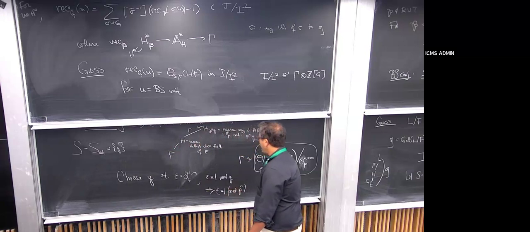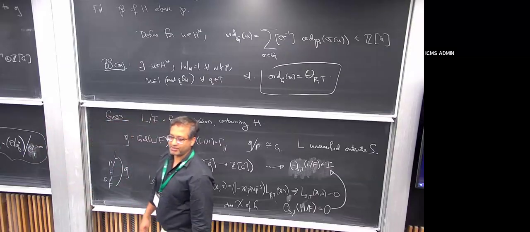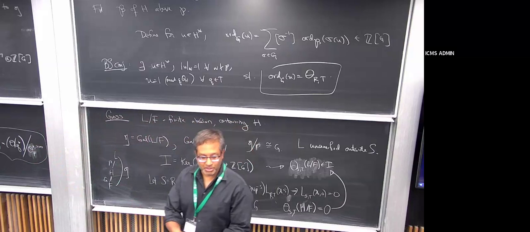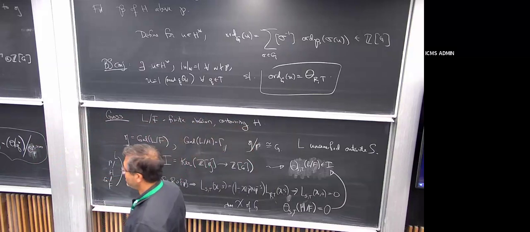Okay. And now to actually do this in practice, you probably need a bunch of Qs. If epsilon is congruent to 1 modulo all of them, then it has to be congruent to 1 modulo P to the n.